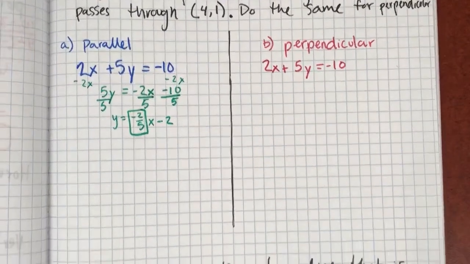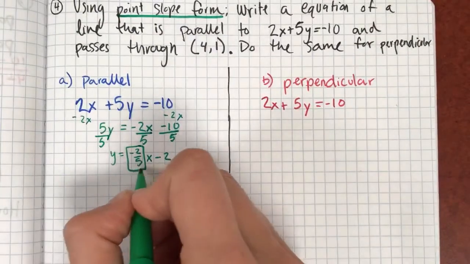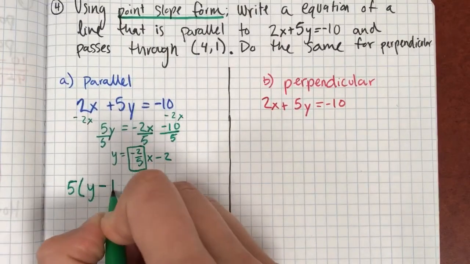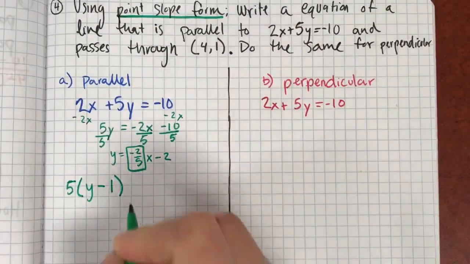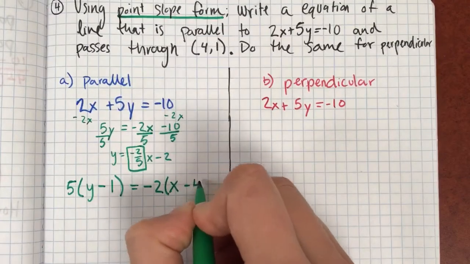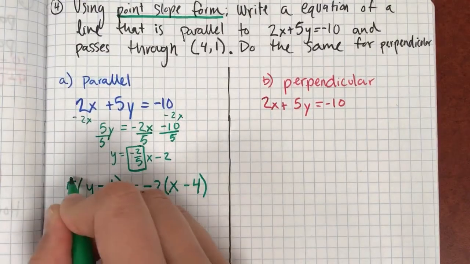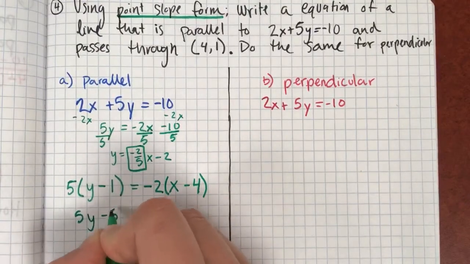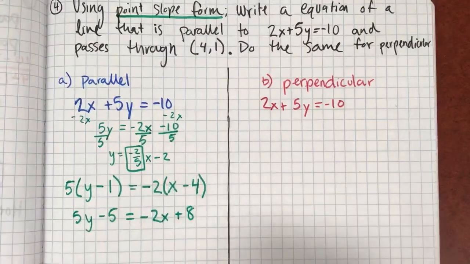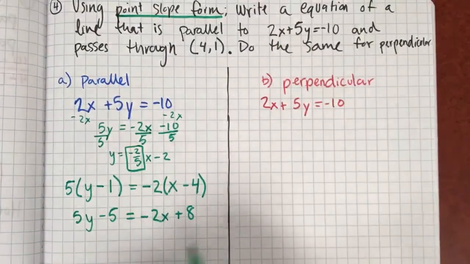And when we solve this to find our parallel line, remember, if it's in our denominator, it goes with our y's. So we'd take y minus 1, and our -2 goes with our x's, x minus 4. Okay, let's simplify by distributing. And then we want to get this in that standard form where both our x and y's are on the same side.